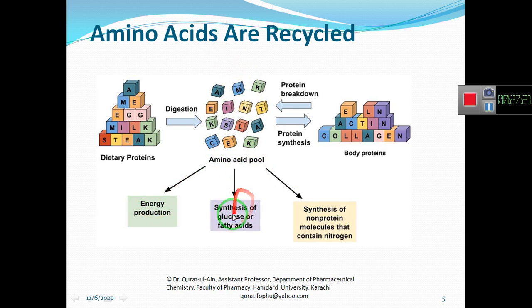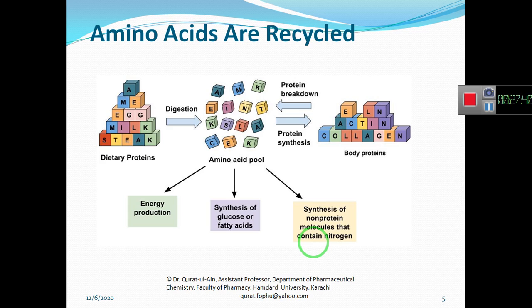And then from this amino acid pool, some amino acids can be used to produce energy, some can be used to synthesize glucose or fatty acid, and some can be used for the synthesis of non-protein molecules in your body.